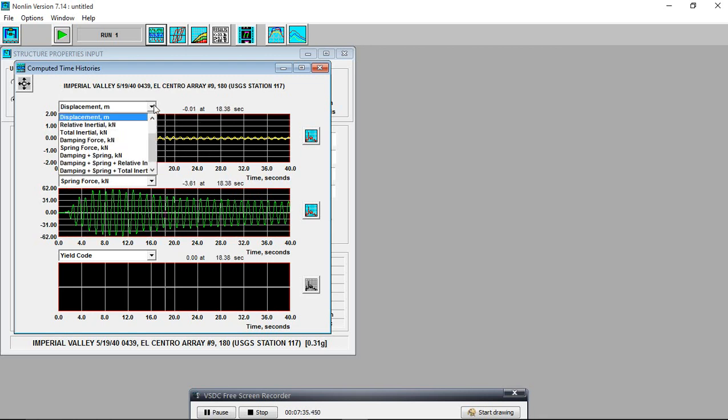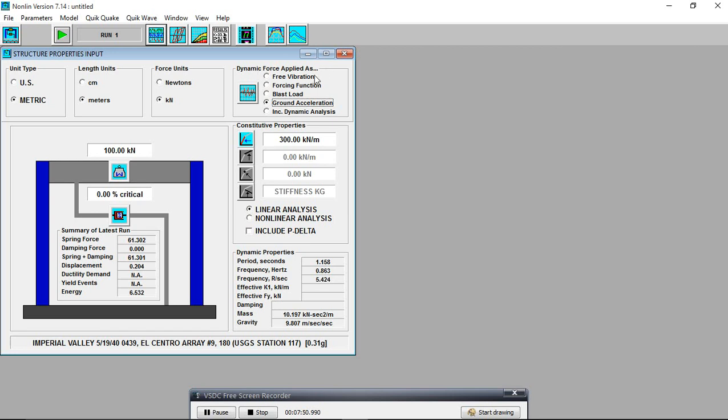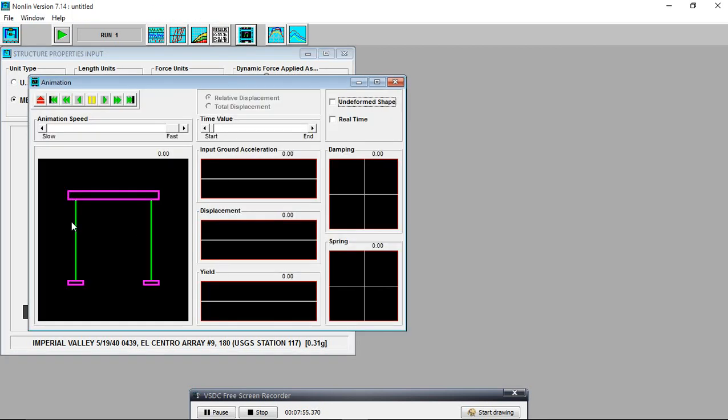You can see here the response is constant. You can see acceleration also, mostly it is constant. The response is not decreased. After clicking, you can see the structure responded more than the previous one.